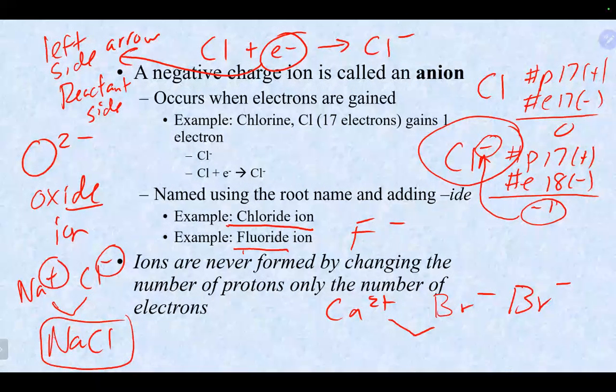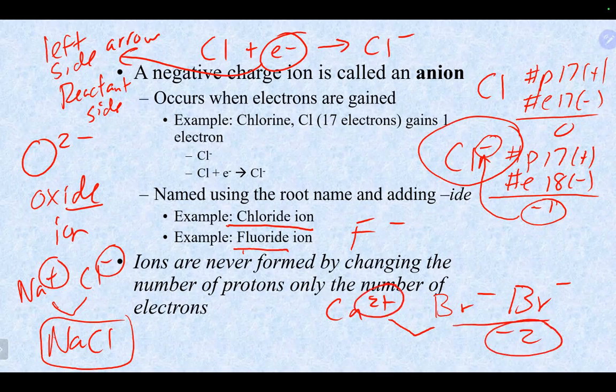And basically that will give me minus 2 to balance out the plus 2 that's here. And my formula would be 1 calcium and 2 bromines here. And it would be CaBr2 would be the correct formula. That is the simplest way to put those guys together to get 0 charge.